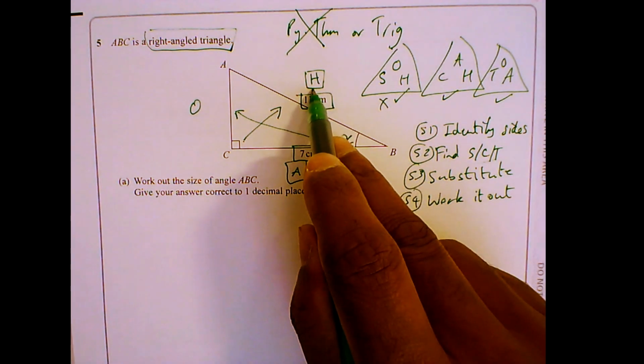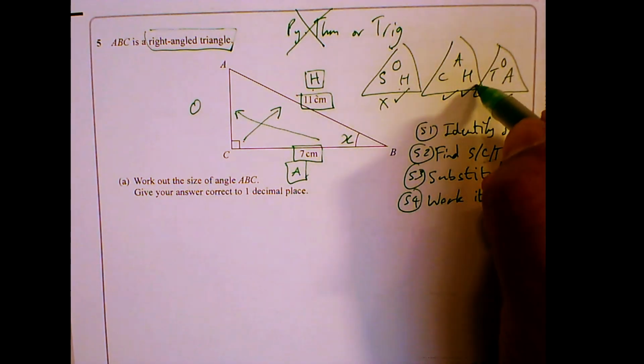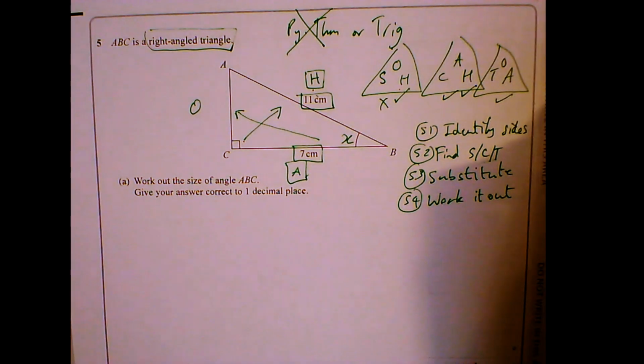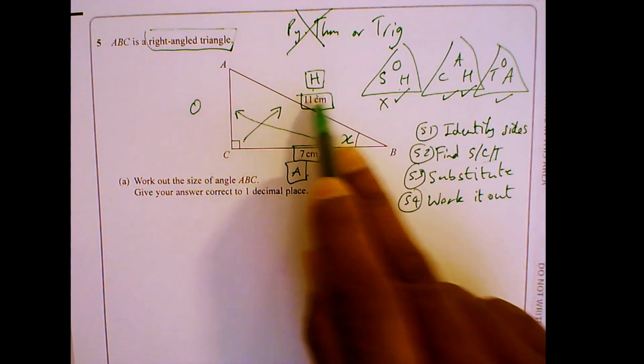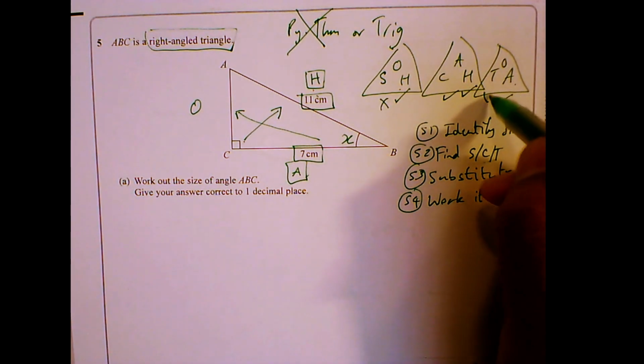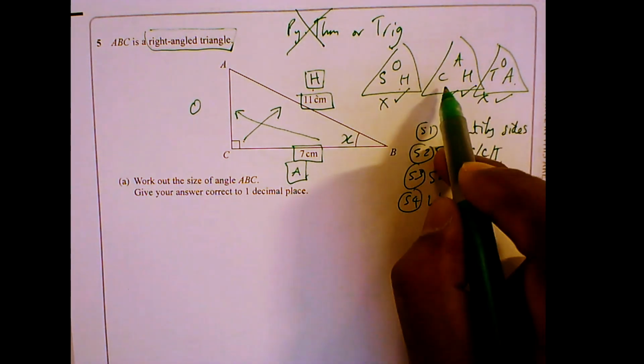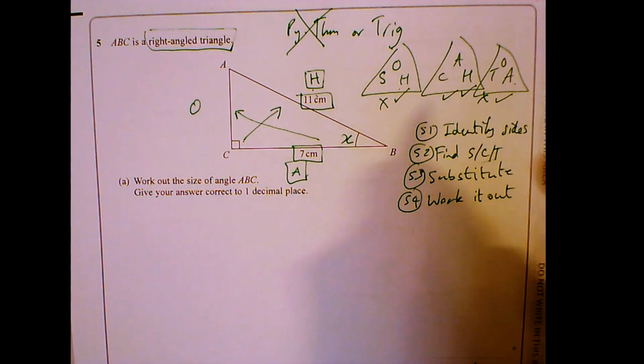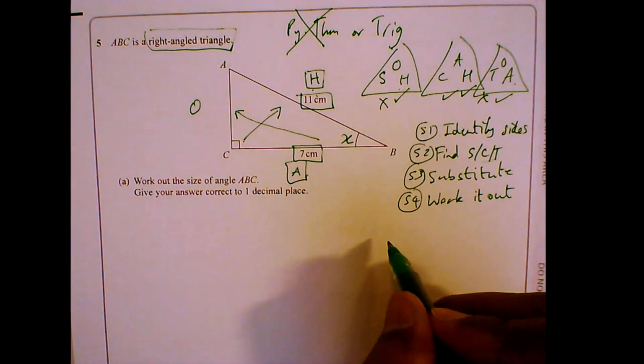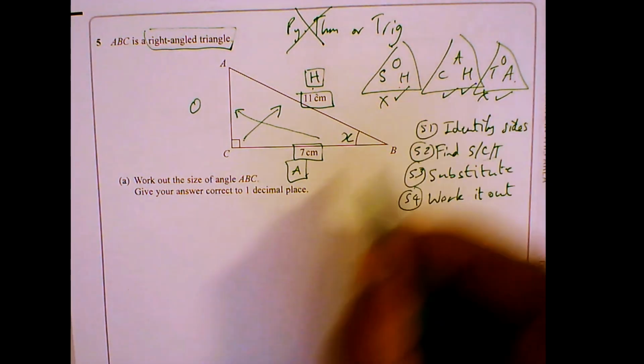H, got the H there. No H there. A here, no A here, A there, A there. The one that has got 2 ticks, I'm going to be using that. So I'm going to be using sine. Sorry, this is cos.